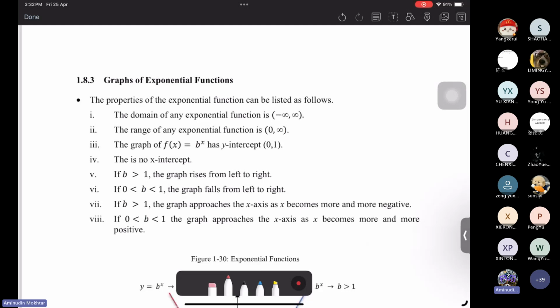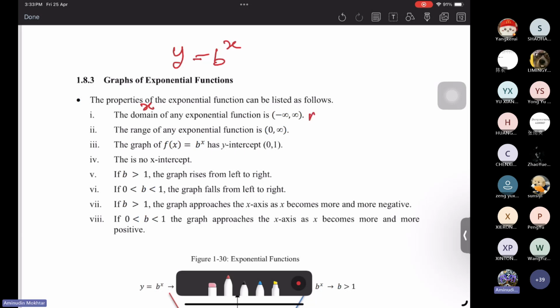Let's say y equal to b to the power of x. What is it? Domain is for x. The domain of any exponential function, in other words, can take any value, real number or any value.